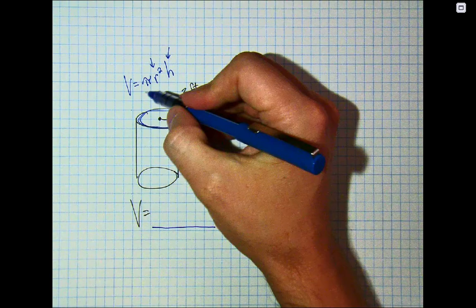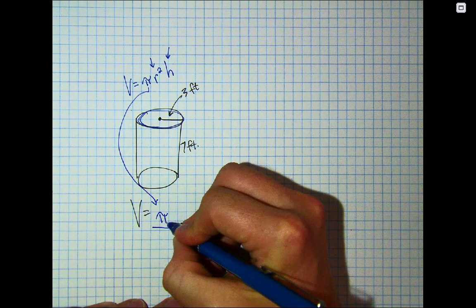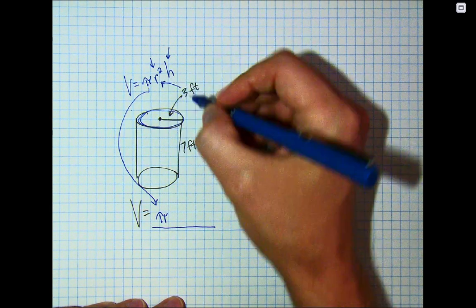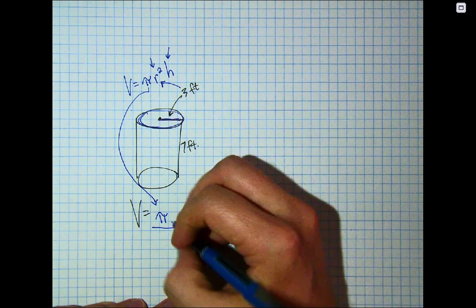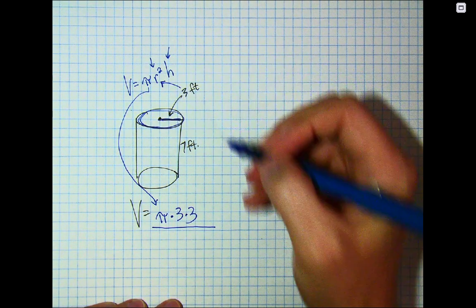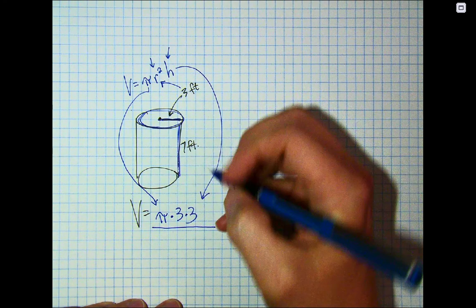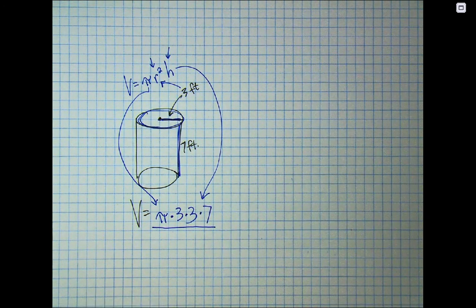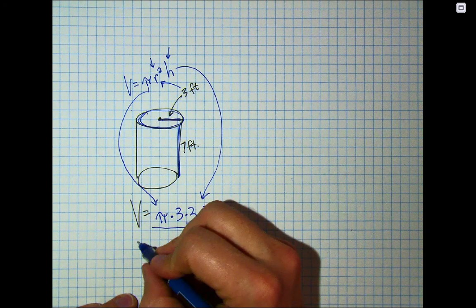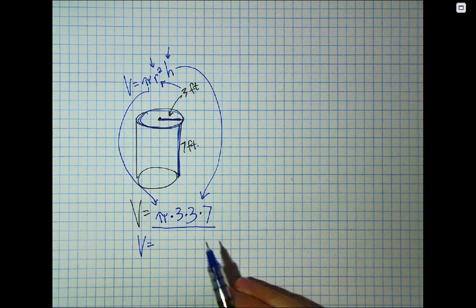So pi is just pi. The radius is what? 3 feet. So I'm going to do 3 times 3 because it's r squared. And then what's the height? The height is 7. So this problem is actually quite easy. All you have to do is 3 times 3 times 7 times pi, or pi times 3 times 3 times 7.